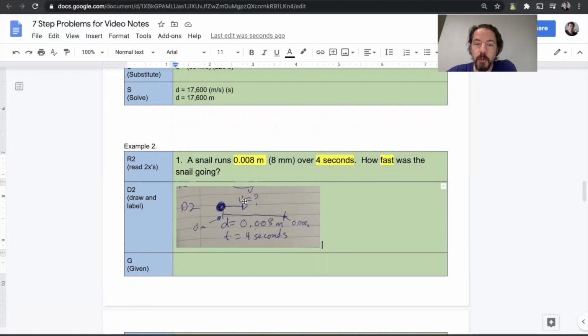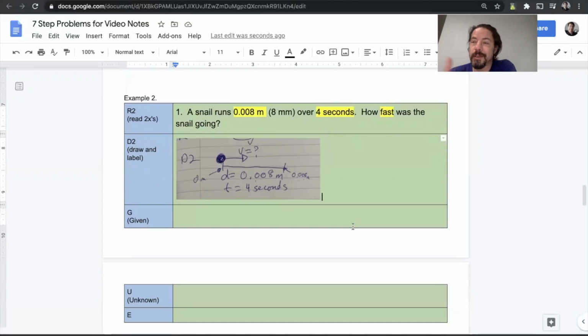I've also marked what we're looking for. We're looking for how fast, which is a velocity, equals question mark. And I also drew the arrow. So now that picture is complete. It tells me the story and everything is labeled properly. I have the variable, I have the number, and I have the unit, or I have the variable and a question mark.